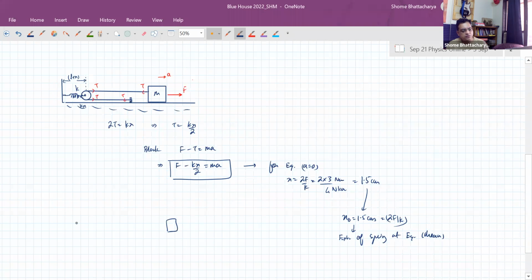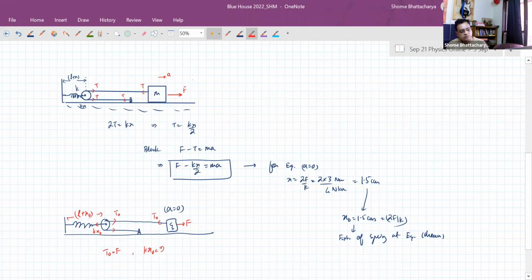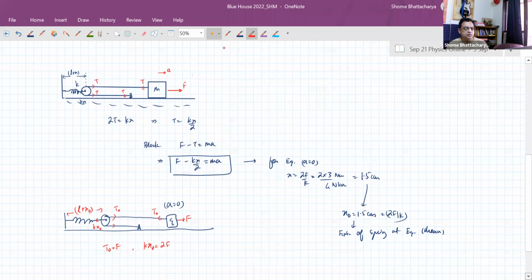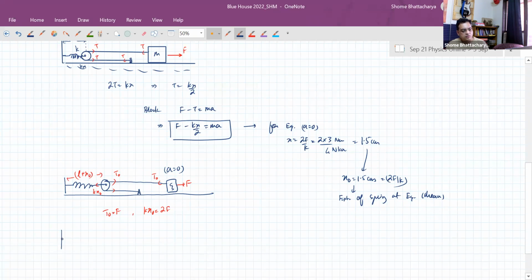So now suppose this is my mean position. At this point of time, the acceleration is 0, because T naught is equal to F. Now from here, let's say the block is displaced further.